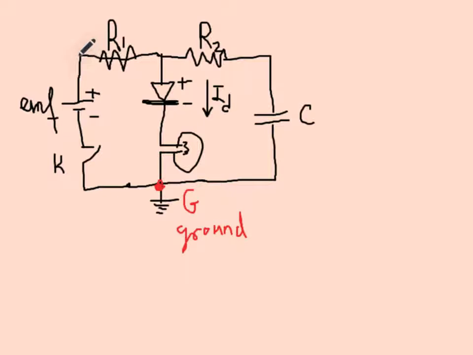This side over here, let's call this A. This node is A, this node is B. So this node is C. C red is the node, but the C black is the capacitor. Then you go back to G here, down here.